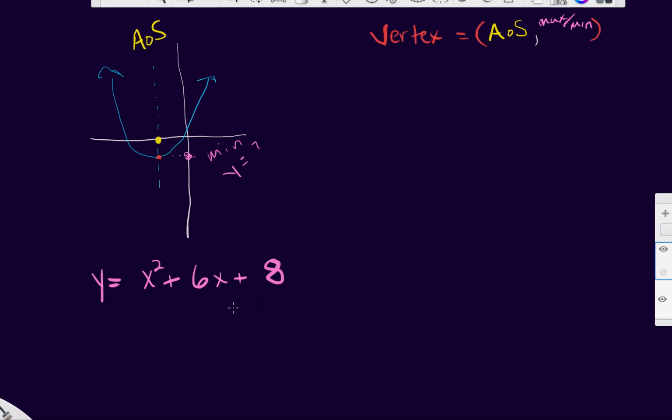Yeah, that'll be good. And so what do we have to do? Well, we have to find the AOS. Our first step is find that AOS. Remember, the AOS is negative b, so that's negative 6, divided by 2 times a, which is 1. So let me go ahead and put those numbers in. Negative 6, because that's b right there, divided by 2 times 1, because there's only one x squared term there. So our AOS is negative 3.